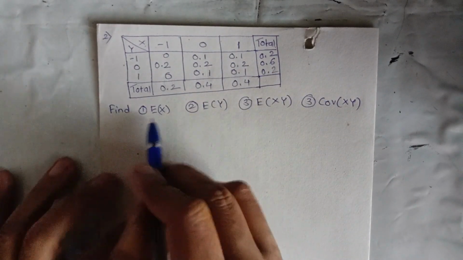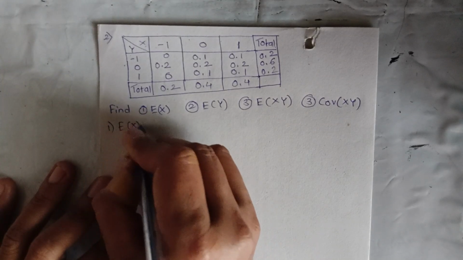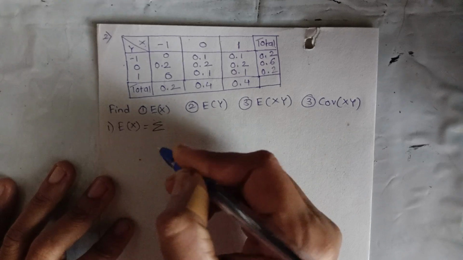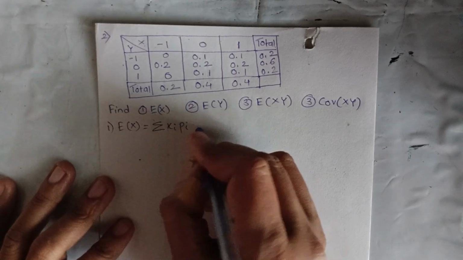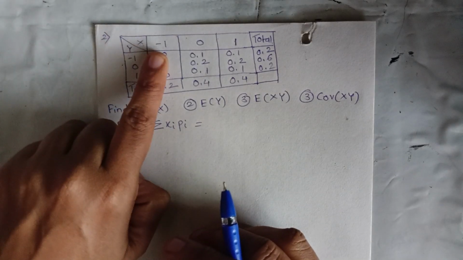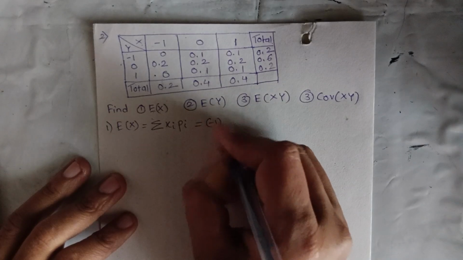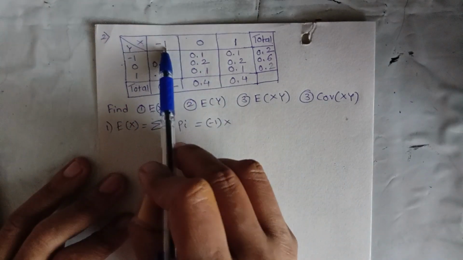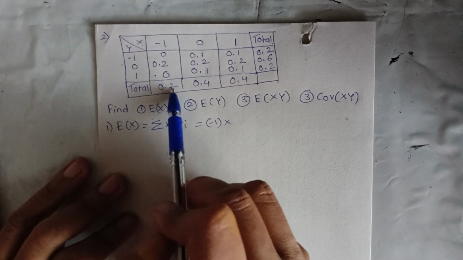So first we are calculating E(x). This is summation x_i p_i. First random variable x is minus 1. So minus 1 into, for x it is 0.2, for minus 1 it is 0.2.